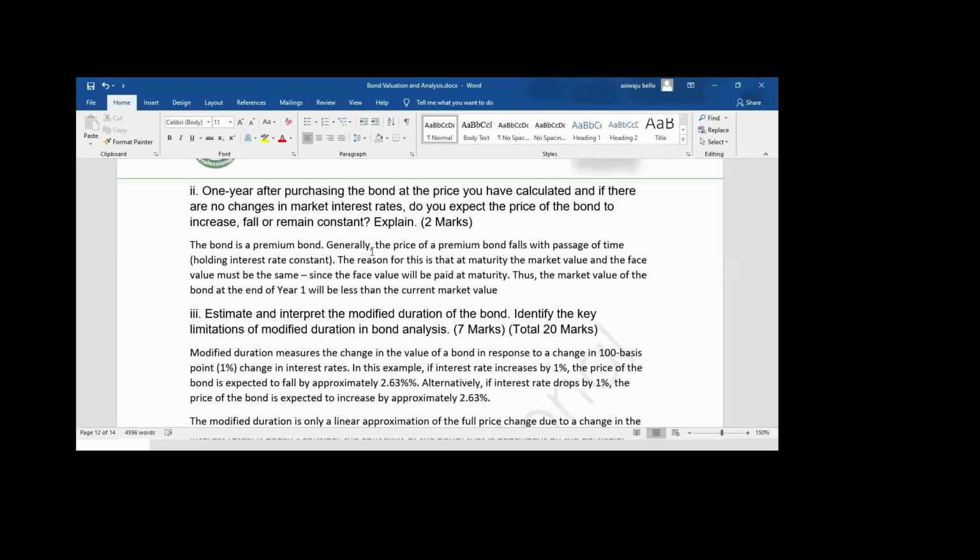The reason for this is that at maturity, the market value of the bond must equal the face value. At maturity, the bond will be redeemed at 1,000 naira. That means at maturity, market value equals face value.